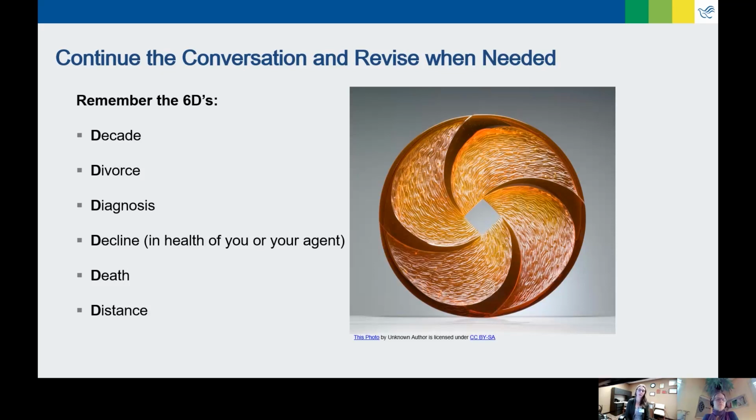The next would be death. So the most obvious reason for checking in on your advance directive related to death would be the death of your named healthcare agent. But also sometimes experiencing the death of those around us or people that we knew can cause us to reflect on our own wishes or choices in relation to that death experience.